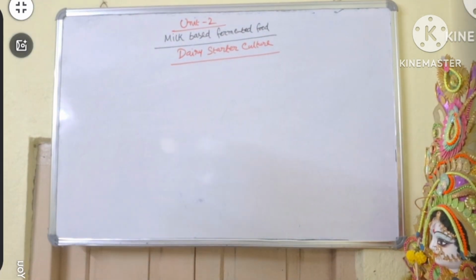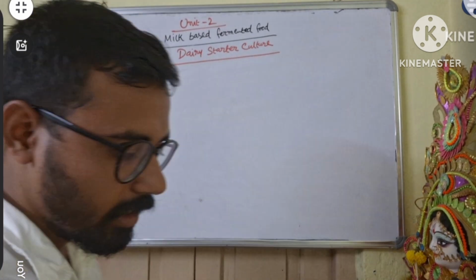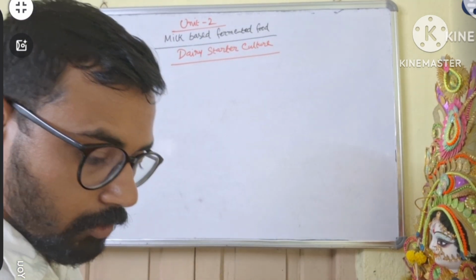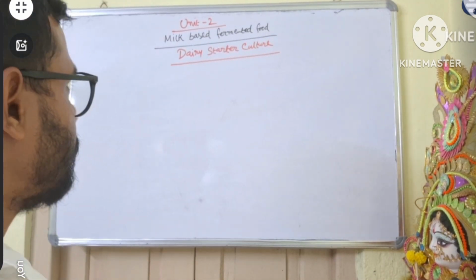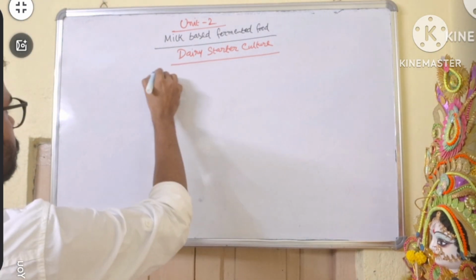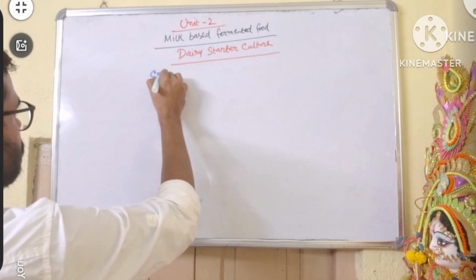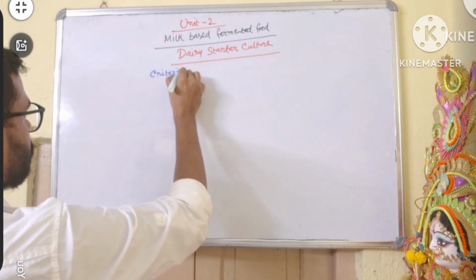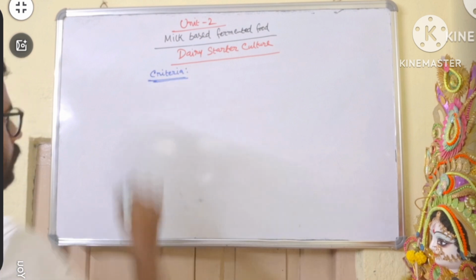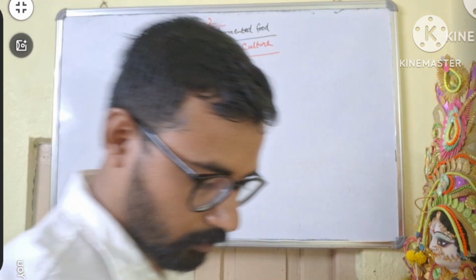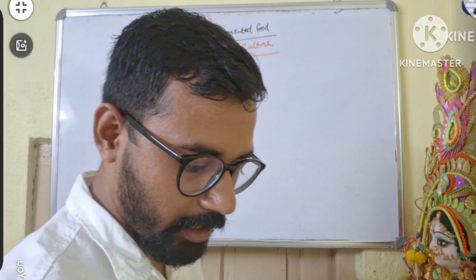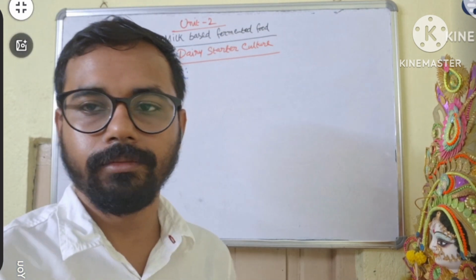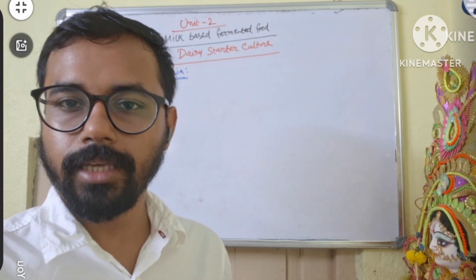Okay. So for dairy starter culture, what criteria must an organism possess to be used as a dairy culture? Can you guess, anyone?